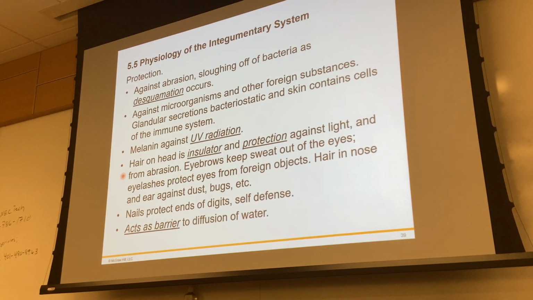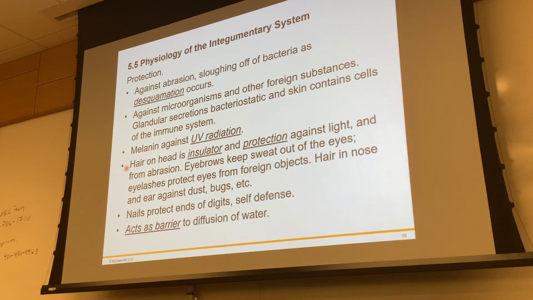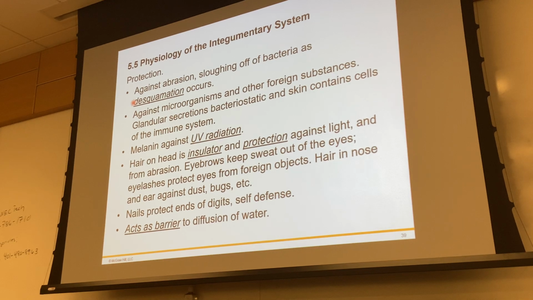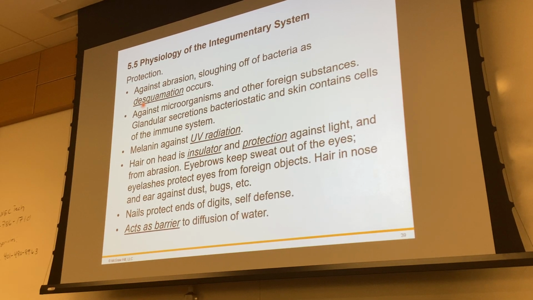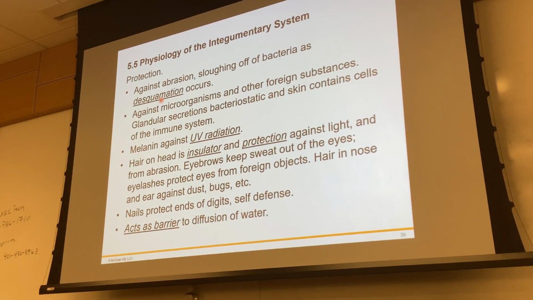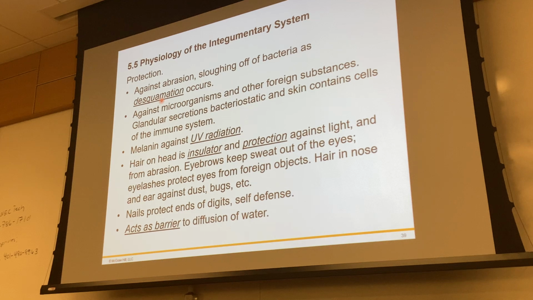Another thing that we're going to be doing, and I mentioned this already, but I haven't used this term, is desquamation. What do you think that means? Peeling skin. If you're D, you're losing it. And what does squamous mean? Well, those are the flattened cells. So you're getting rid of those flattened cells.